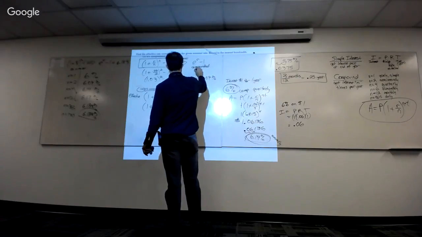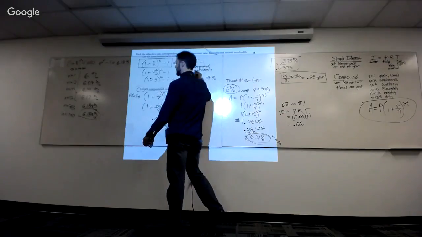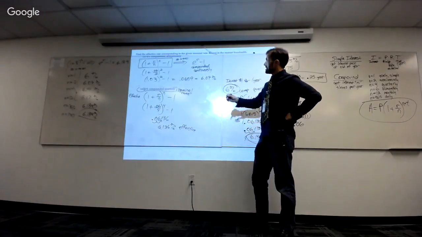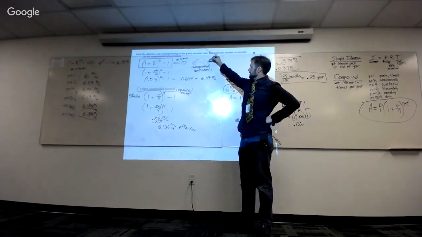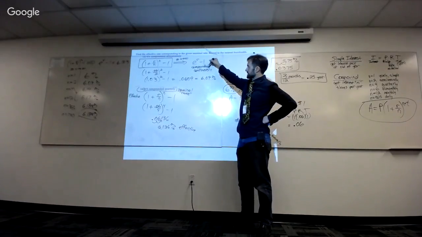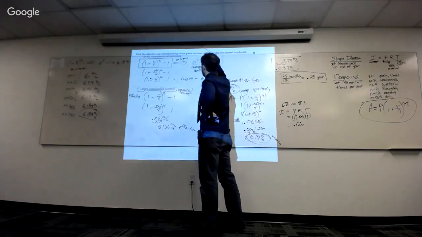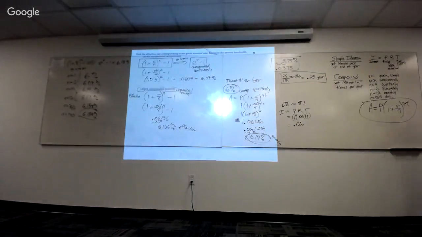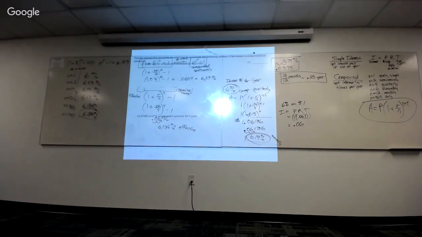The best you can do with compounding, like let's say you compounded your money 20 times a day or 100 times a day, you're still never going to do better than what is called compounded continuously, which maxes out at the effective rate of e to the r minus 1. And we are going to do some problems with e in finance. Questions?